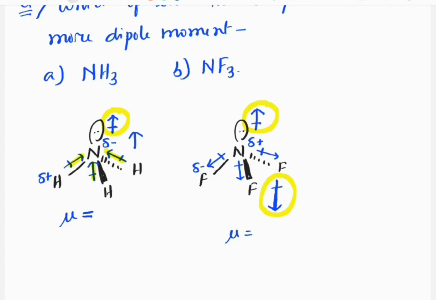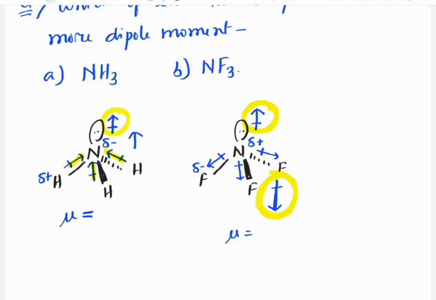That means the sum of the bond moments will be cancelled by this lone pair of electrons, whose moment is acting opposite to the resultant of the bond moments of the three nitrogen-fluorine bonds.